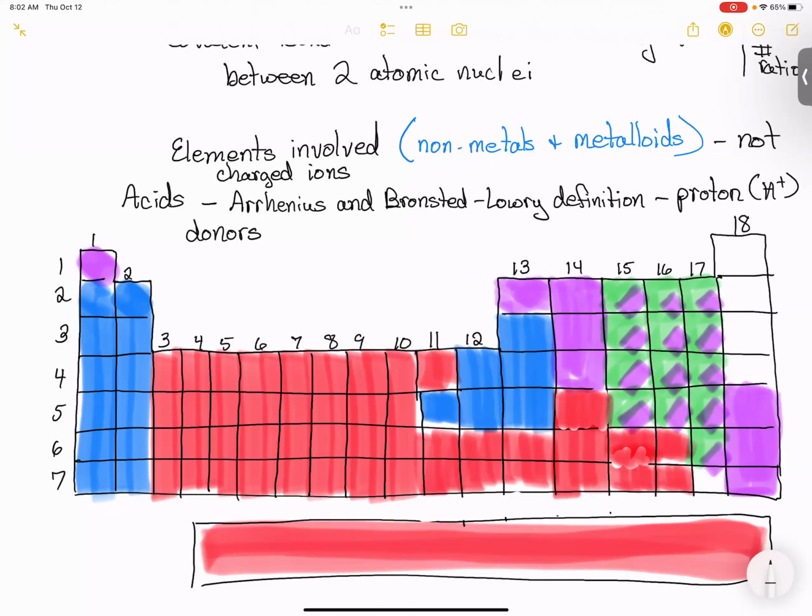We'll focus on acids. And then we'll get into some calculations associated with these compounds. So that is the plan for today as a whole. Any questions?